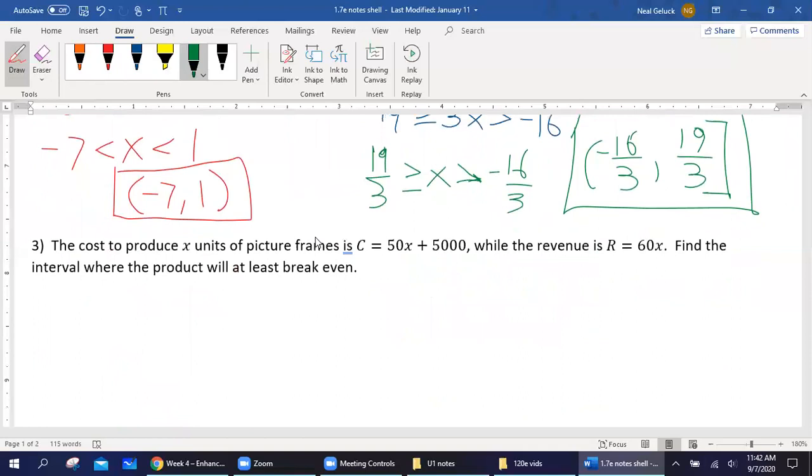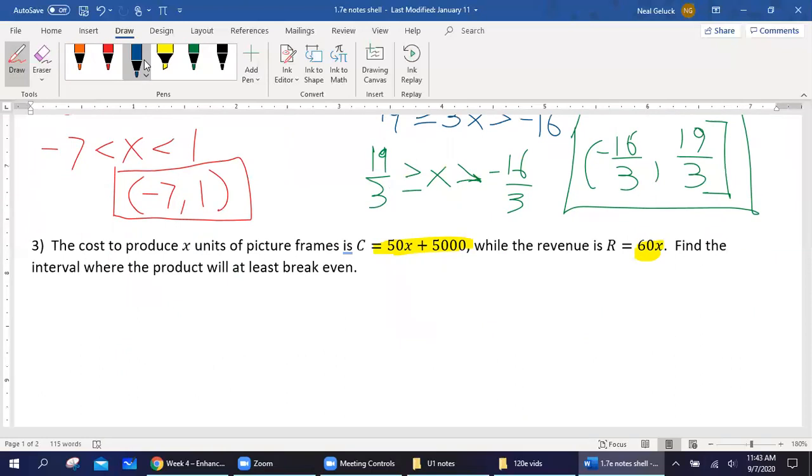For the next problem, we have a word problem here. We want to find the interval where the product will at least break even. So we have a cost function and a revenue function. Well, revenue is what you bring in, cost is obviously what you spend.